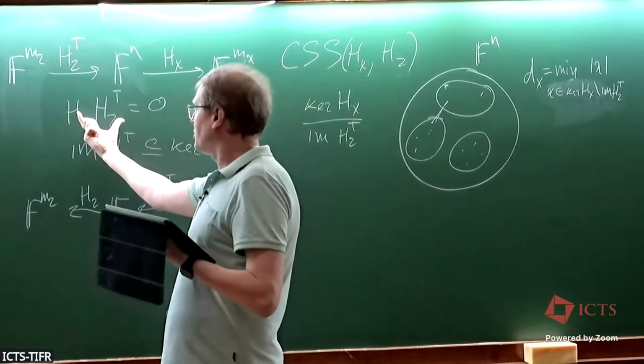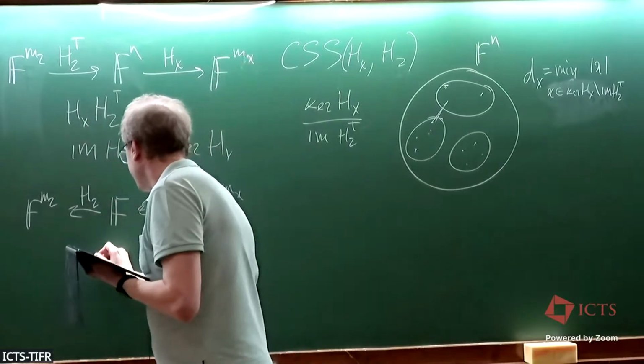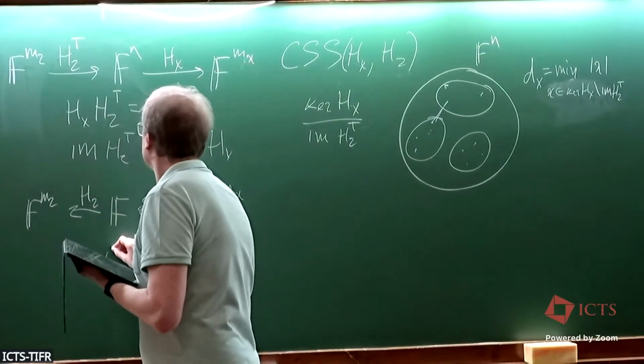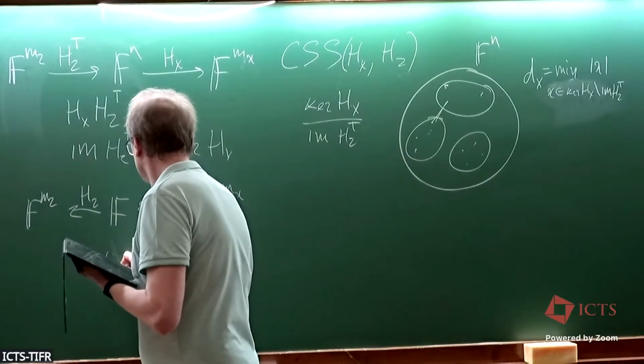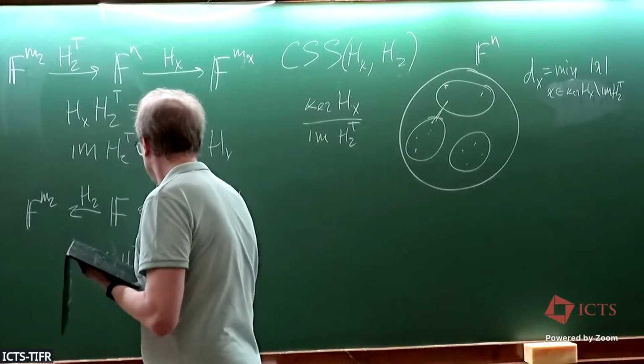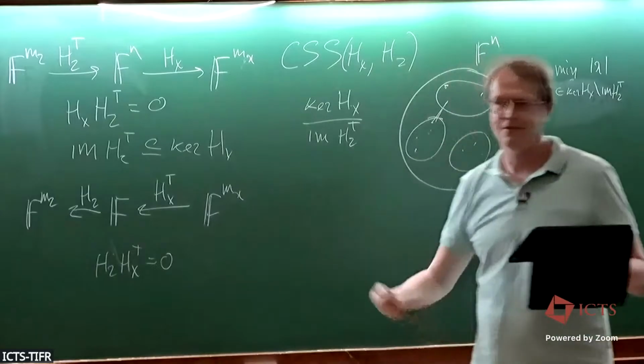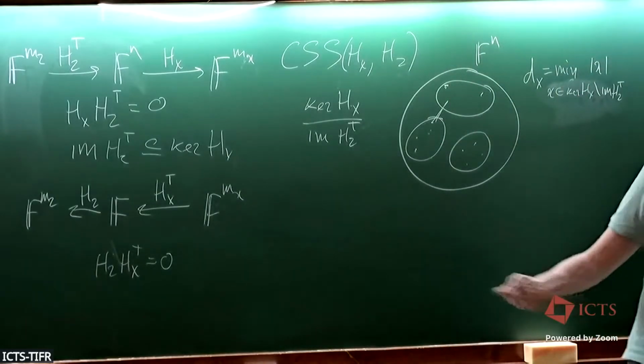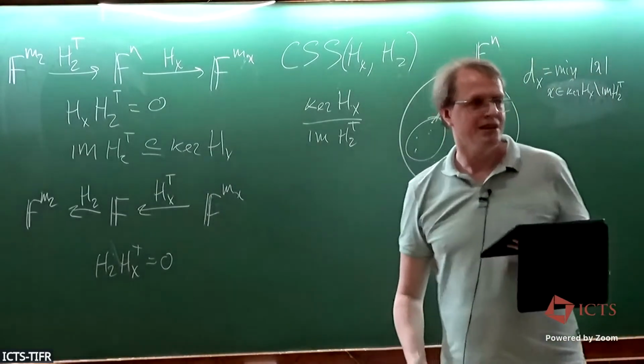And when I transpose this condition, what I get is H_Z H_X transpose equal to 0. So we still have the same kind of property, but in a different direction, which is really interesting.